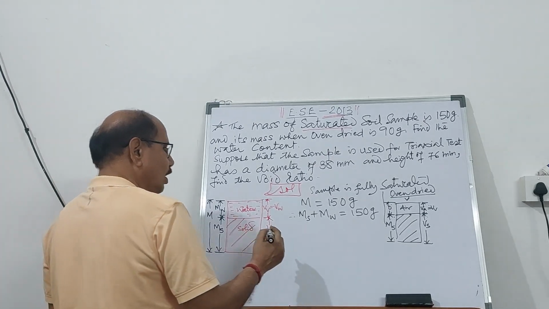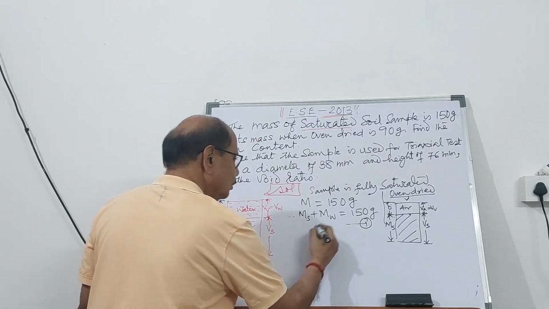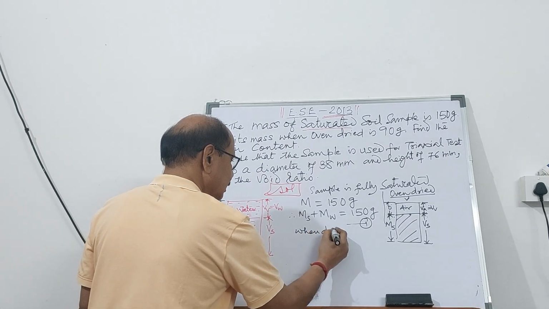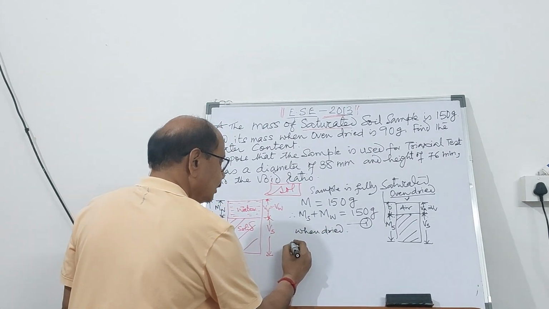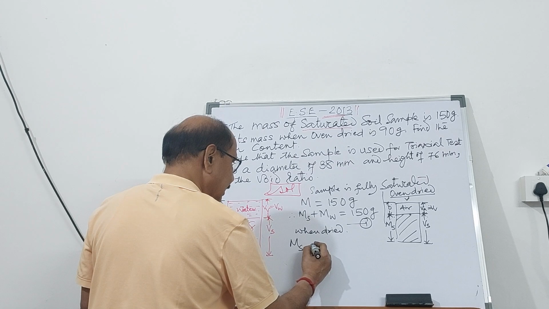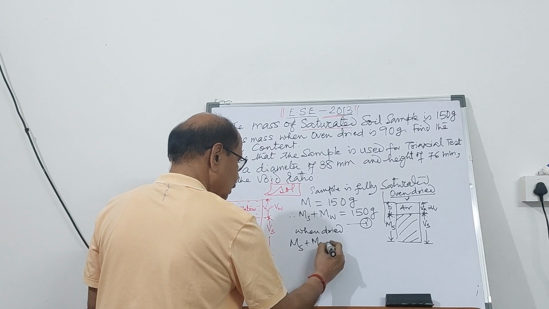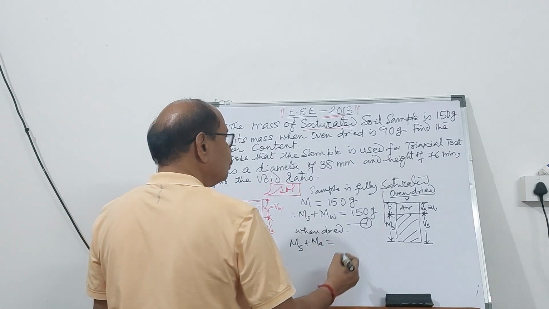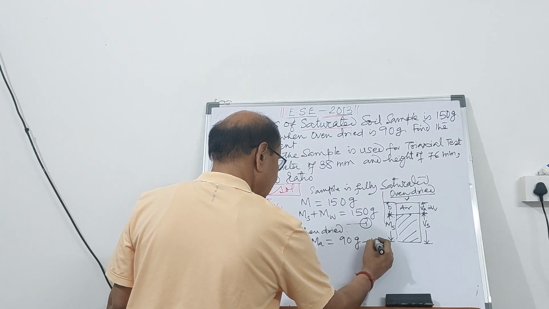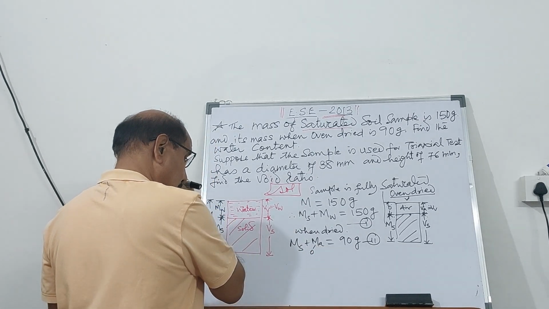So mass of water, when fully saturated, and when dried completely, then mass of solid plus mass of air is given to you as 90 grams. So this being 0, the mass of solid is 90 grams.